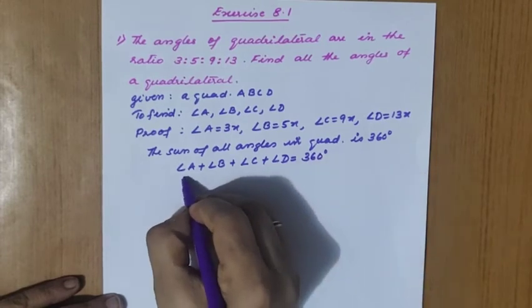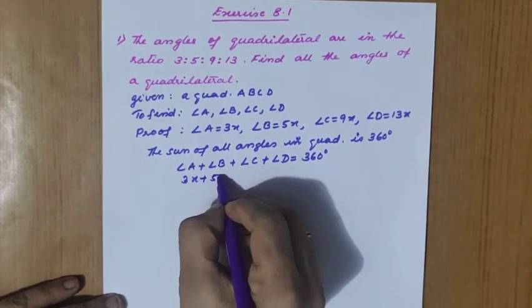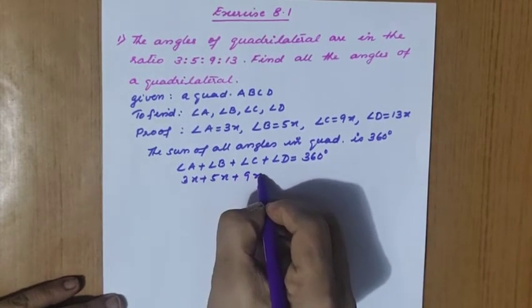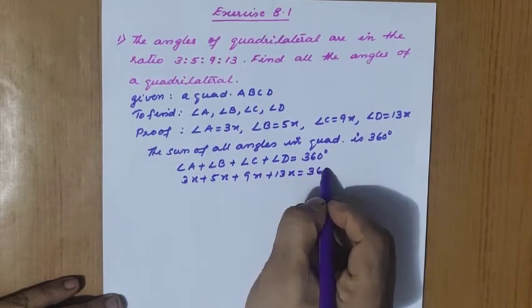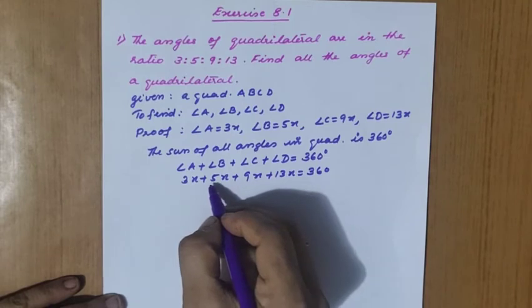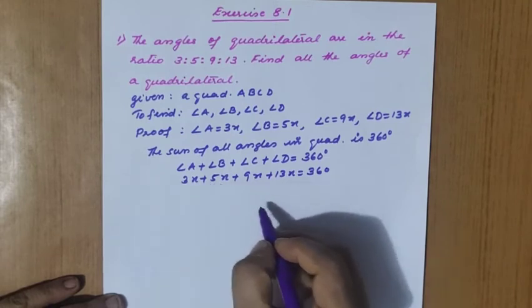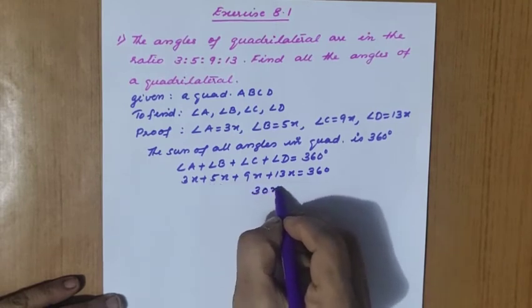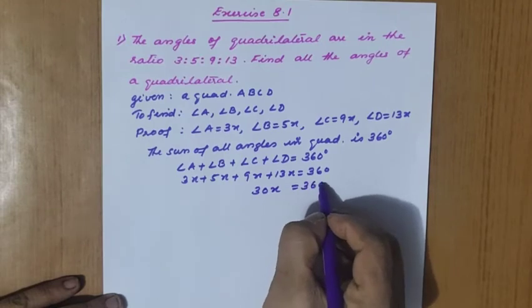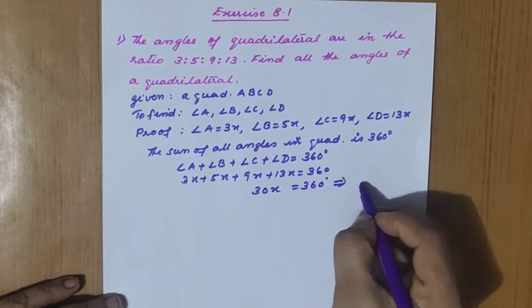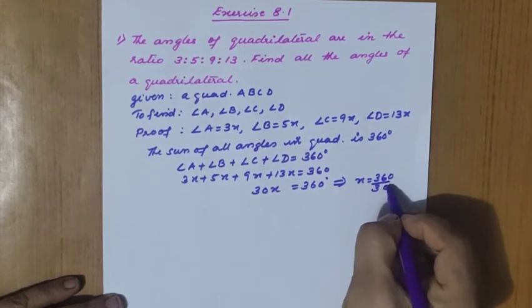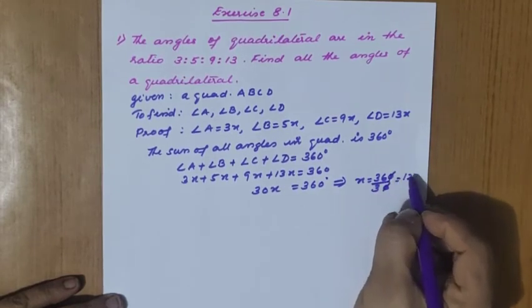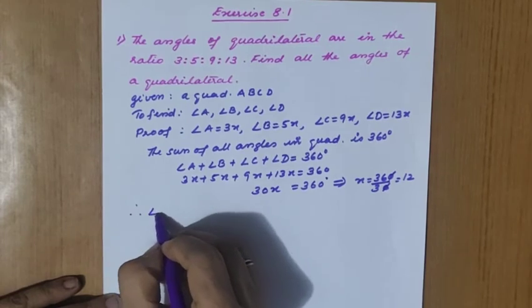Substitute the values. 3x plus 5x plus 9x plus 13x equals 360 degrees. 13 plus 9, 22, plus 5, 27, plus 3, 30x equals 360. Implies x equals 360 by 30 equals 12.